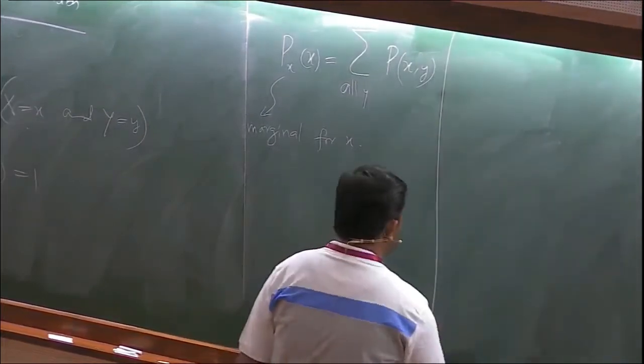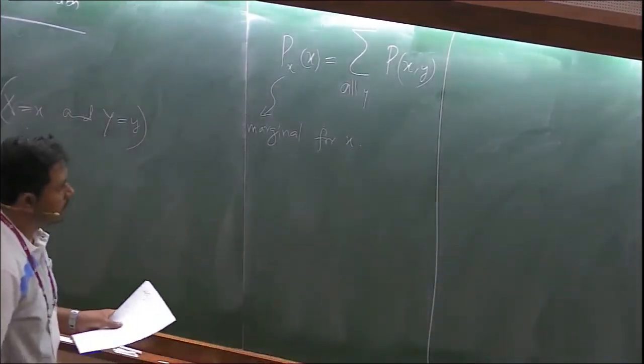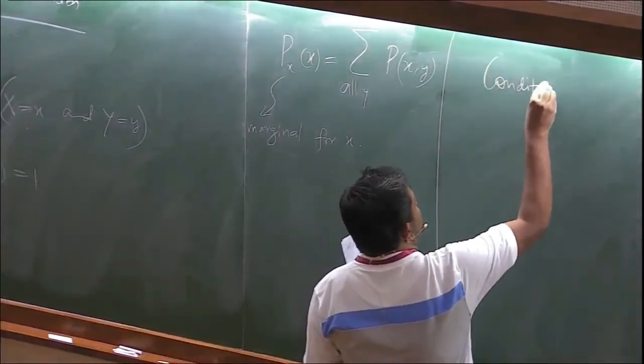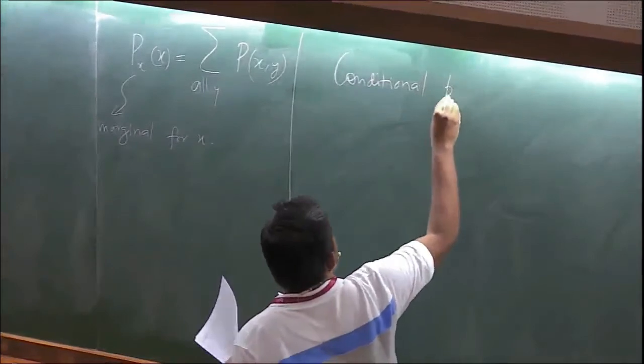So one is to talk about the joint distributions. The next is to talk about the conditional probability.